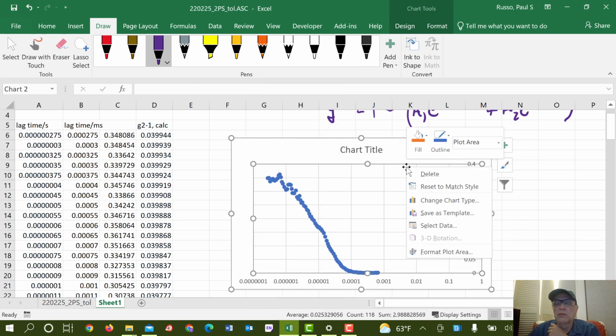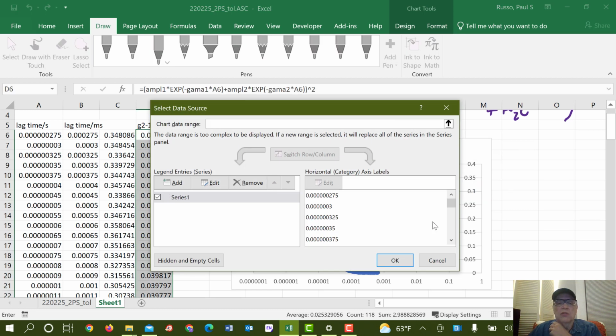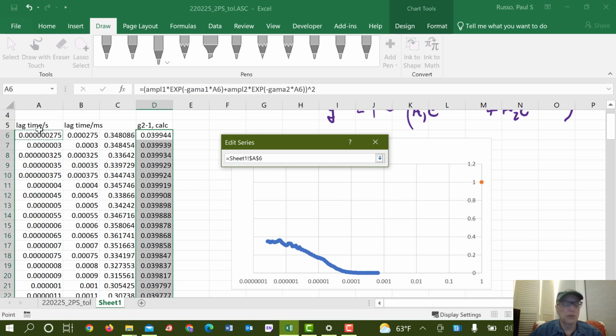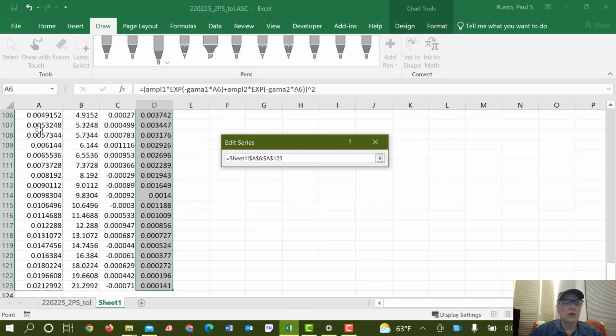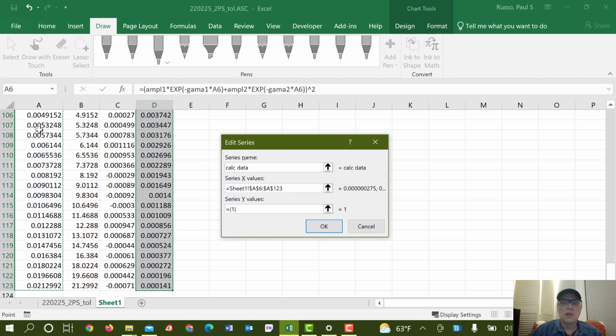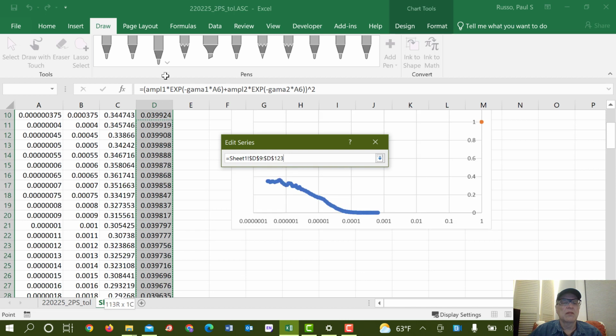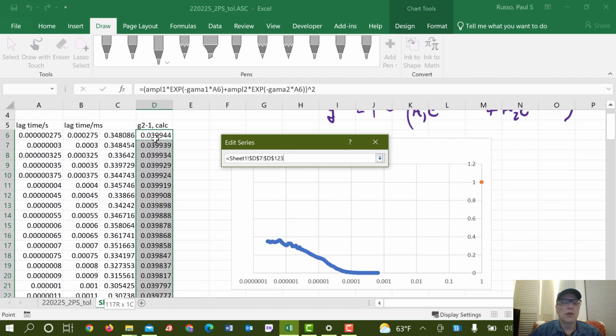Somewhere has to be right. Select a data, that's the one. Add calc. Series X values from here to there. No, okay. And series Y values from there to there. Hopefully that worked.